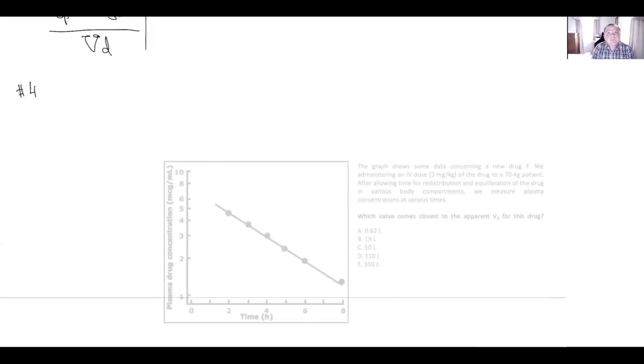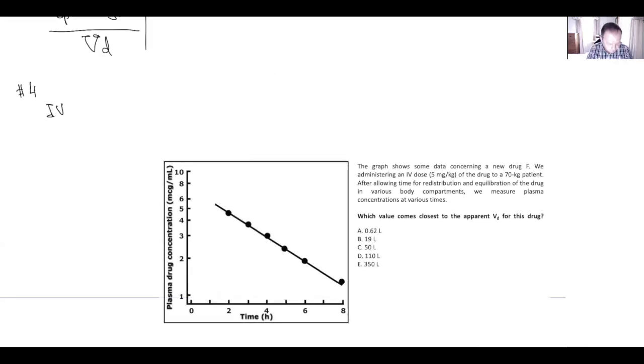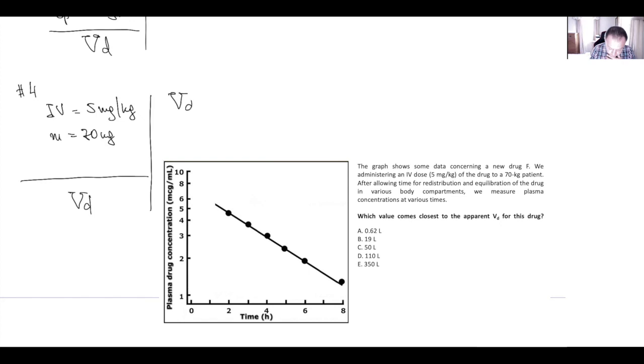Next question. So we have an IV dosage, and this dosage is 5 milligrams per kilogram of body weight. 70 kg. You see the chart at the bottom. Actually, we will use this chart because the question is asking which value comes closest to the apparent volume of distribution of this drug. Volume of distribution is dose over plasma concentration.